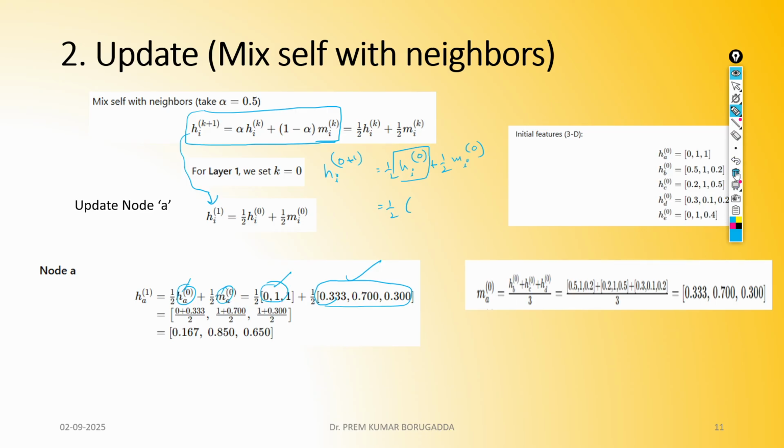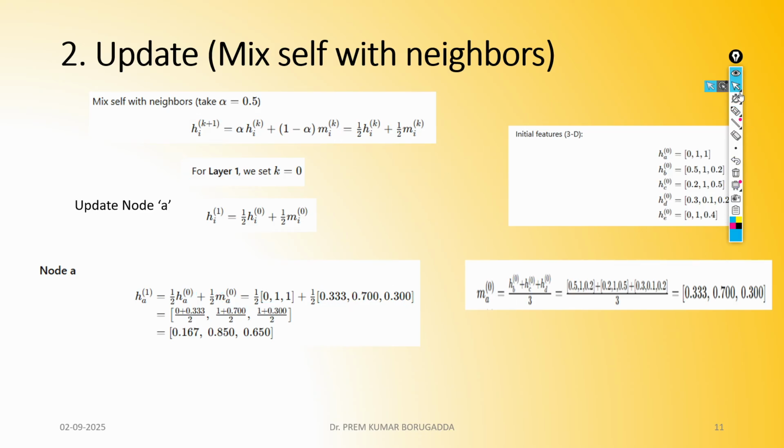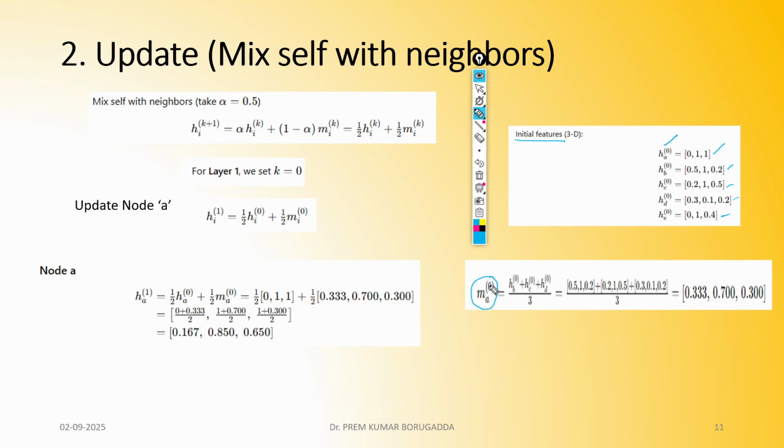Now I will show you again. You can see here in the previous slide, the initial feature vectors, HA of 0, which I showed you in previous slides, and this is MA of 0, which previously we calculated as 0.33, 0.7, 0.3.